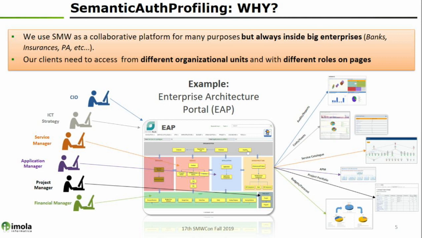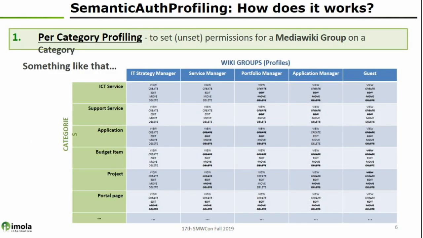And so we have different organizational units that access the wiki, and they have different roles for a specific page, for example. So we need something like per-category profiling, to set or unset permission for a MediaWiki group. So we are talking about the groups that we can define normally in MediaWiki, but on specific categories.